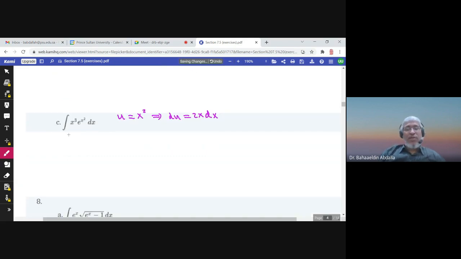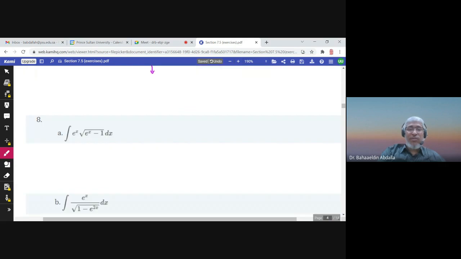Well, I have x cubed here. I need 2x, and x squared will be left, and I have e to the power x squared and dx. This x squared I can write as u, because u equals x squared, and e to the x squared would be e to the u, and 2x dx would be du. And okay, now I can continue with integration by parts easily.